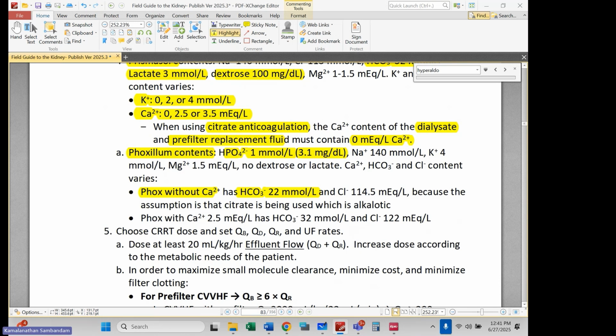Okay, and so they intentionally lower the bicarbonate of Phoxillum so that it can ameliorate some of the metabolic alkalosis that may occur with citrate. So to combat the citrate toxicity, they make Phoxillum 0 with a bicarbonate concentration that's at 22 millimoles per liter. Okay, but with normal calcium or normal calcemic Phoxillum, your bicarb is the typical 30-ish. Okay.